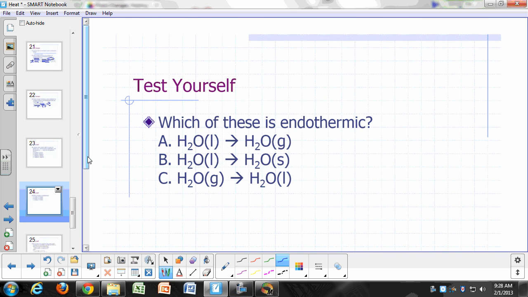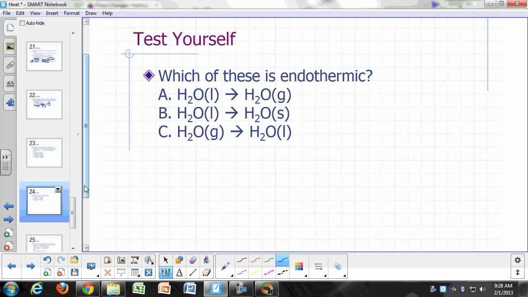Which of these is endothermic? A, B, or C? Liquid to gas, that's vaporization, that's endothermic. Okay. Liquid to solid, this is exothermic. So when liquid water freezes, it has to lose energy in order for it to be frozen. Okay, gas to liquid, condensation.